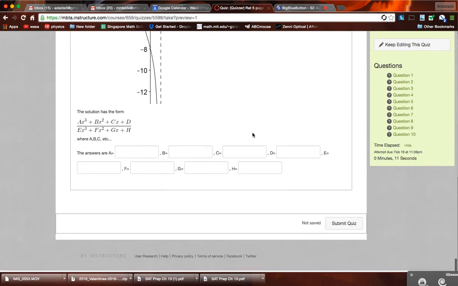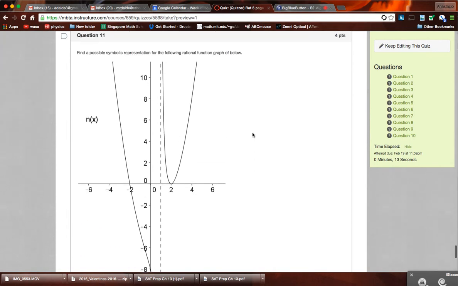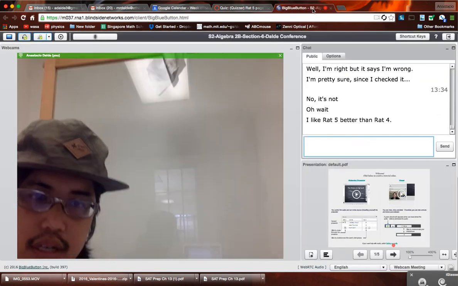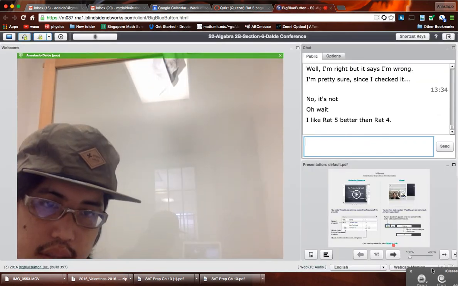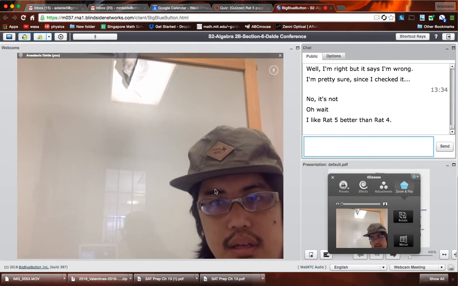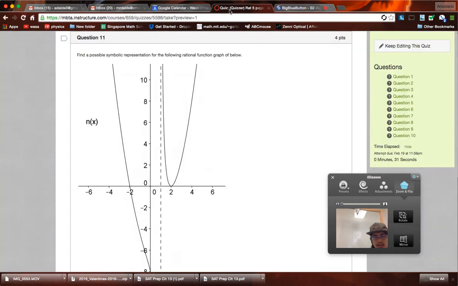So number 11. Okay, all right, here's what it looks like to me. Start off with a vertical asymptote. All right, number 11.